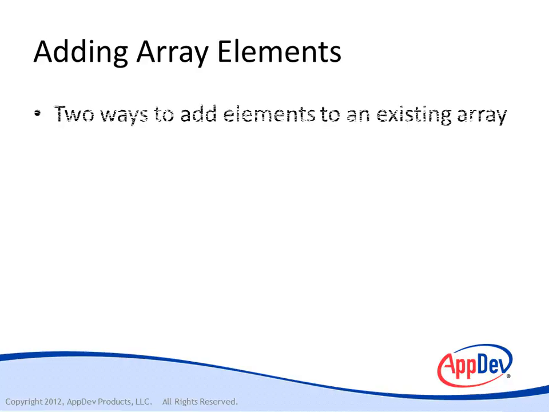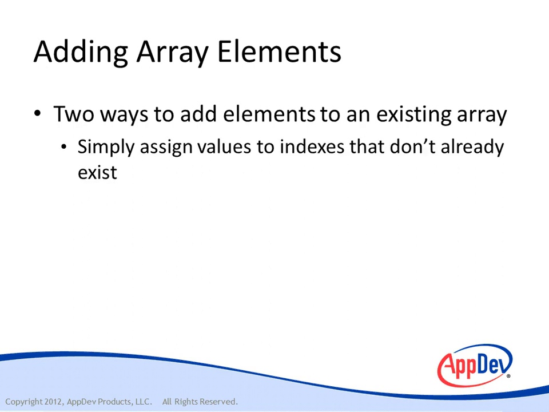There are 2 ways to add elements to an existing array. The first way you've already seen in action a number of times: simply assign values to indexes that don't already exist in the array. And then the second way is to use the push method of the array object.